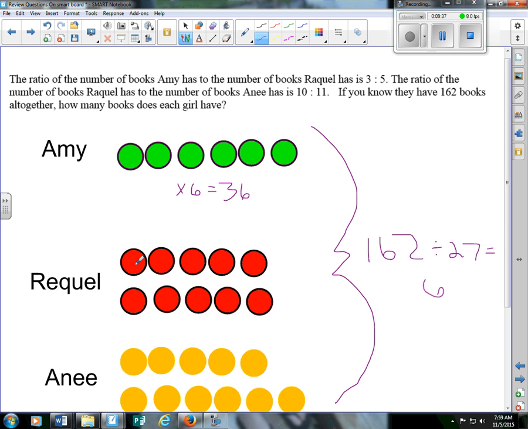Then we have 10 times 6, which is going to equal 60. Again, I apologize, my pen's not working. I'm using a mouse right now. And then we have 11 times 6, which is 66. And if you total them all up, that comes out to be 162. So Amy had 36, Raquel had 60, Annie had 66.